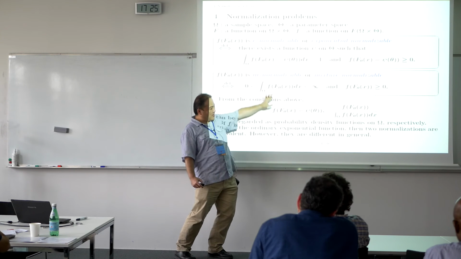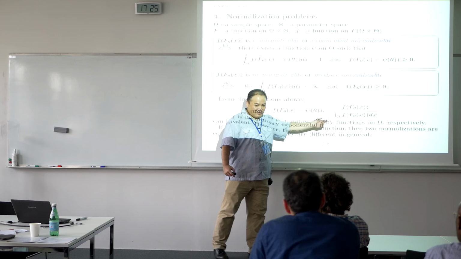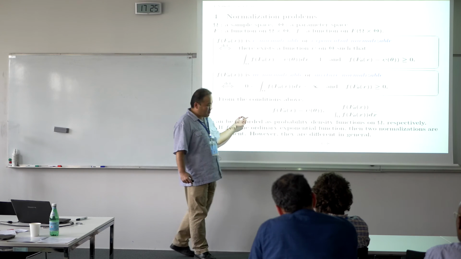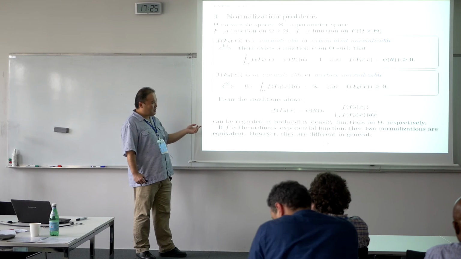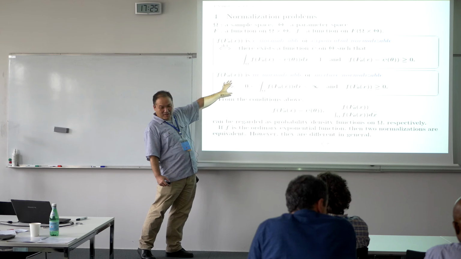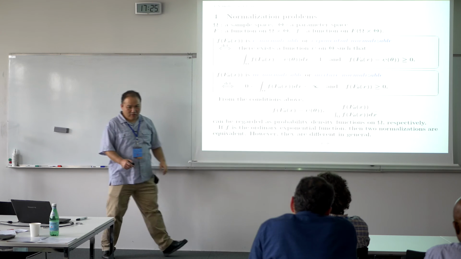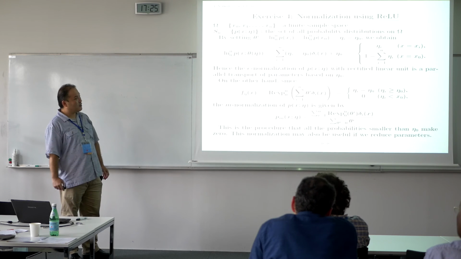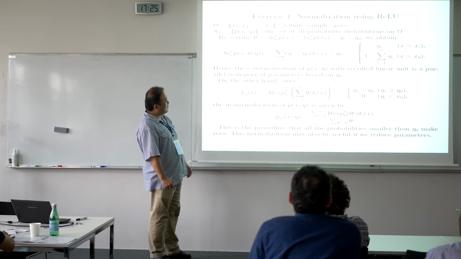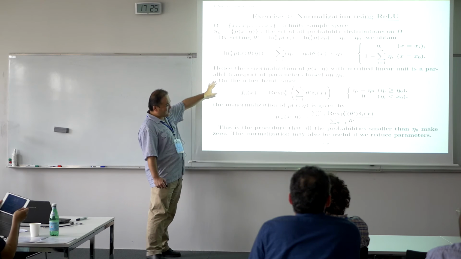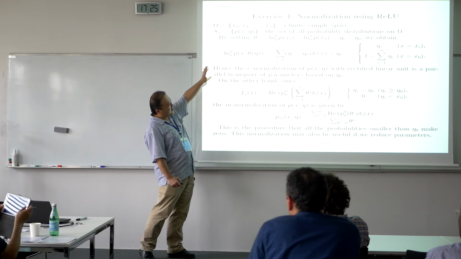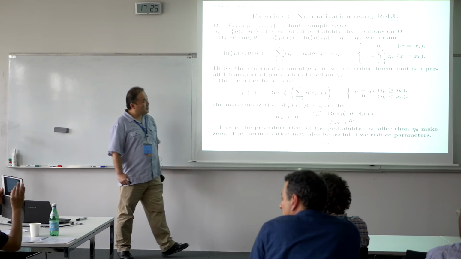So in both cases, these functions determine a probability density on the sample space, but the properties are completely different. So these are two examples, but let us consider the ReLU case.